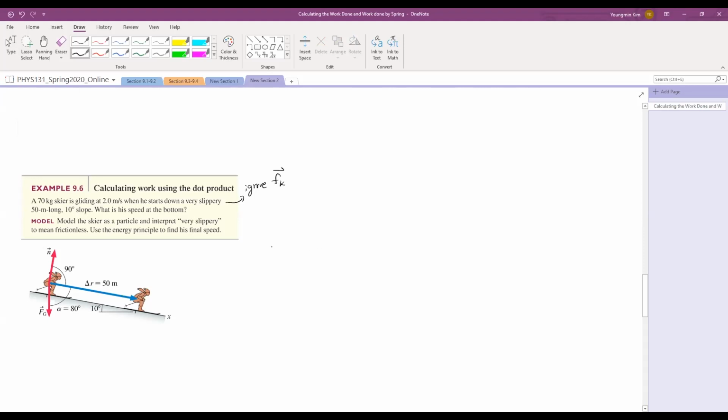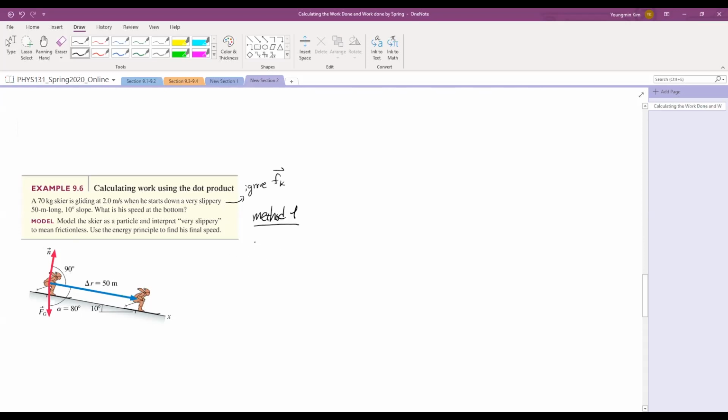And let me do this in both ways. Method number one is what we are familiar with, using Newton's law. In this case, the angle of the slope is 10 degrees, as we're told.